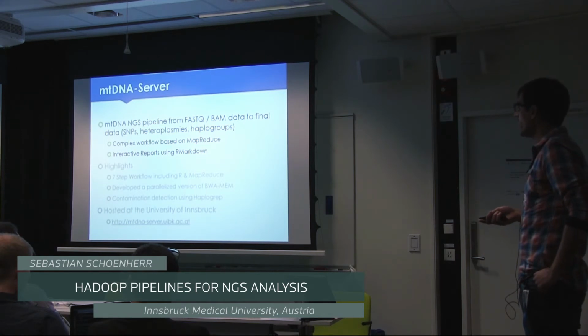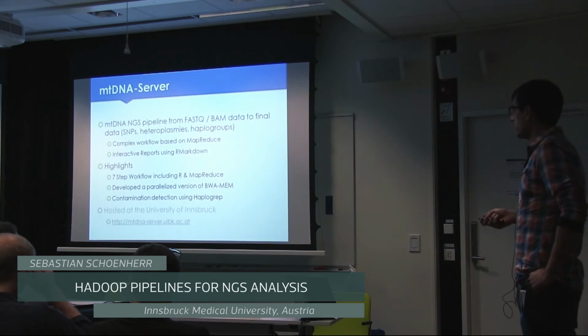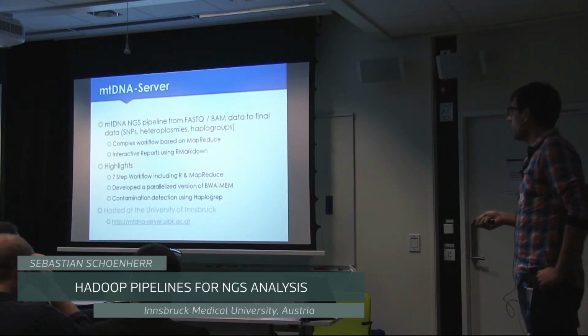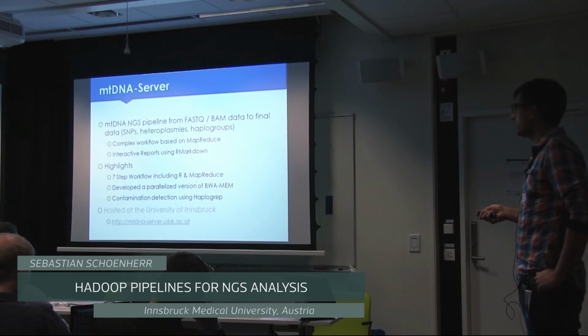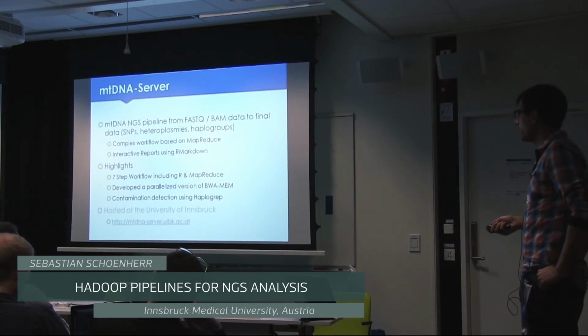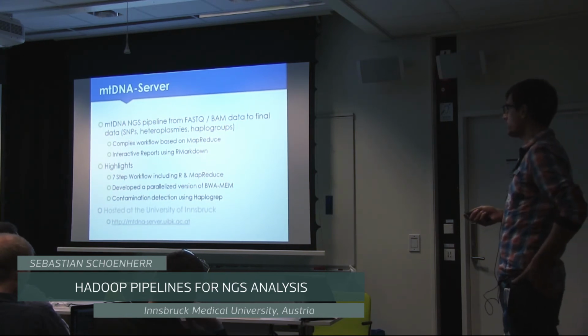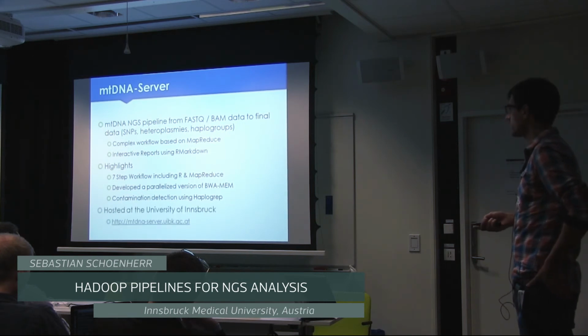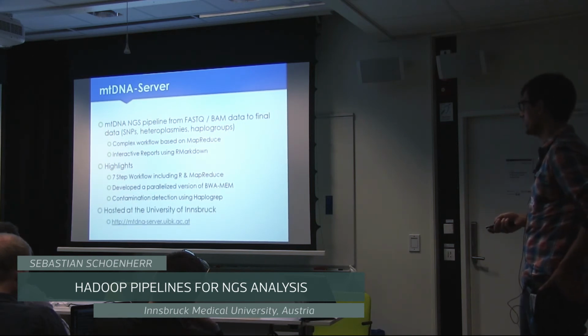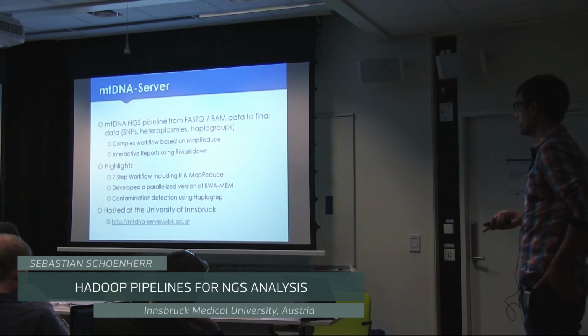We also count heteroplasmies, and we also detect the haplogroup. For that, as I said before, we have a parallelized version of the BWA-MEM algorithm included in this workflow. This is hosted as a service at our university in Innsbruck. It's the mtDNA server.